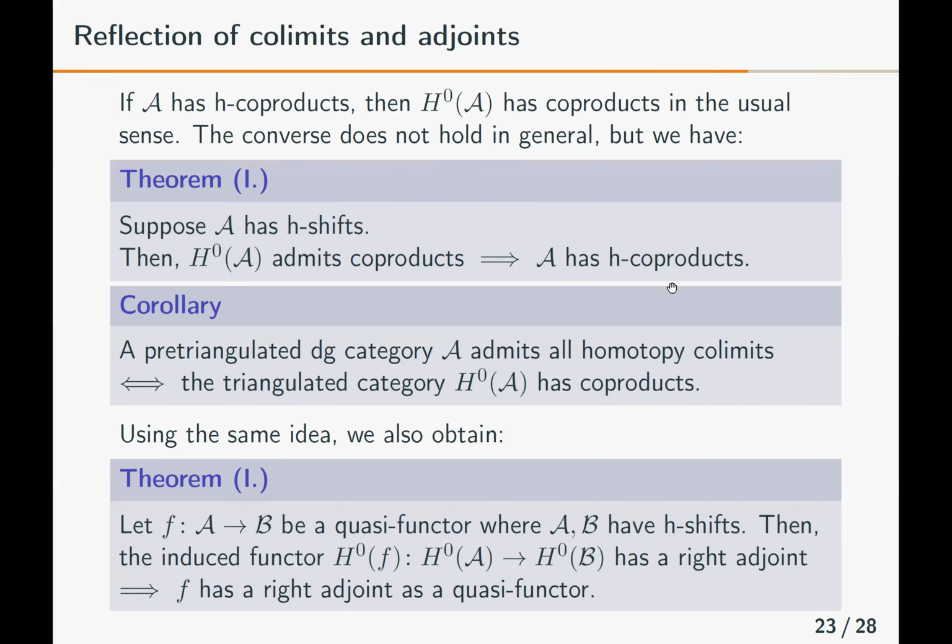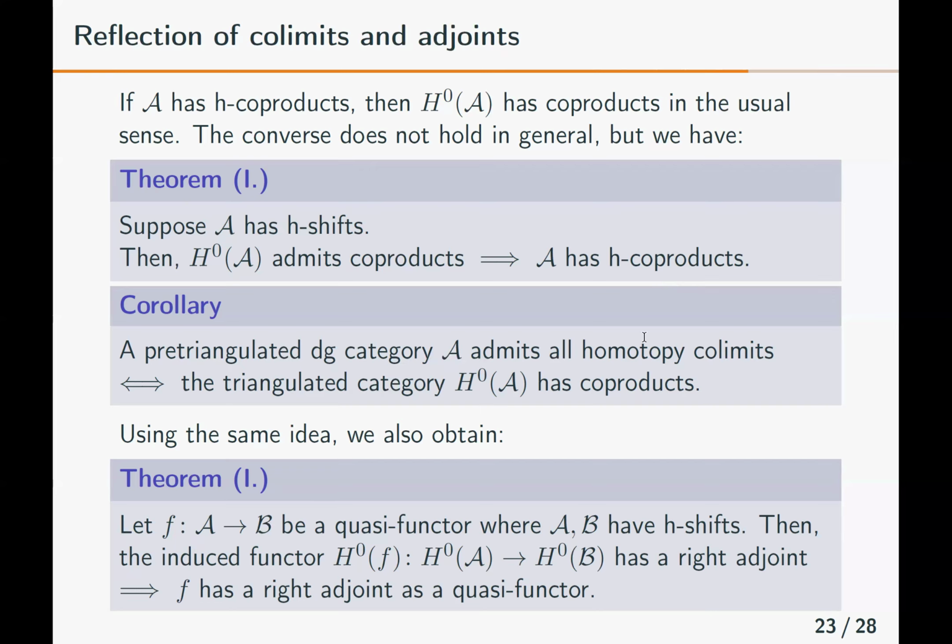In this sense, H-coproducts are reflected by the H0 construction. Since pre-triangulated DG categories have H-shifts, we can combine this with the previous theorem.